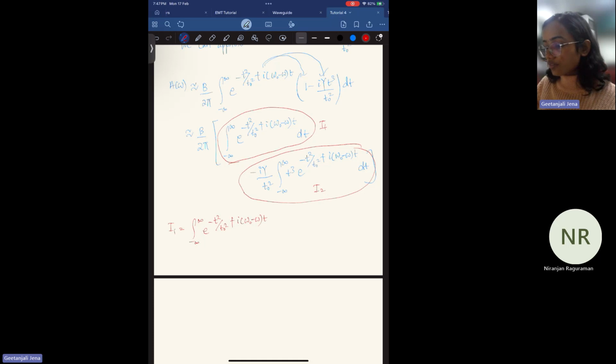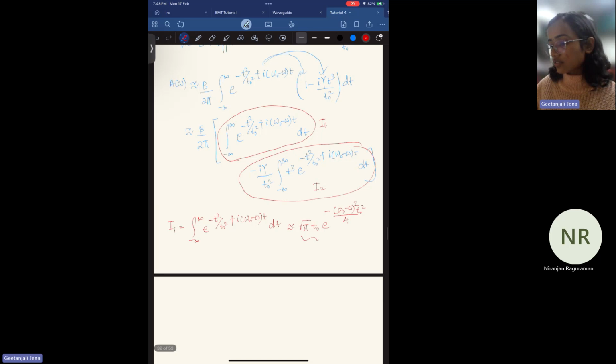So it is in the form e to the power minus alpha x square plus beta x, right? So the value will be root over pi by alpha. Alpha is 1 by T0 square, so this will give T0 root pi, and e to the power minus beta square by 4 alpha, so this will give omega 0 minus omega whole square T0 square by 4. So we have calculated the first part of the integration.